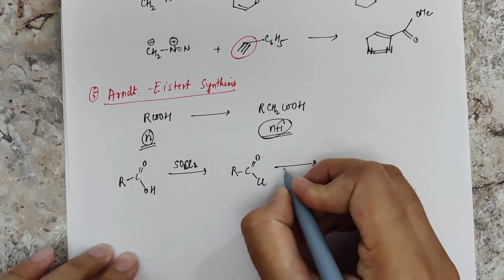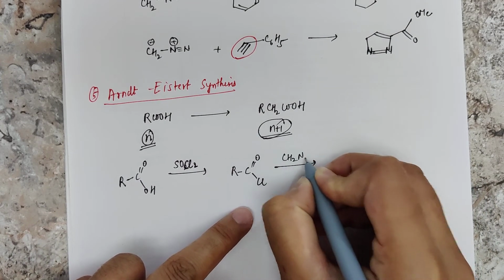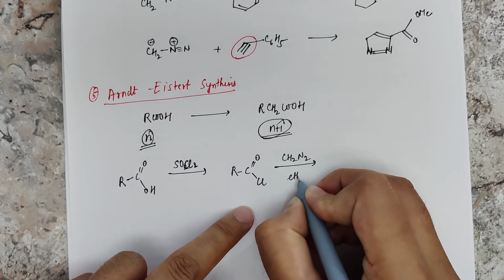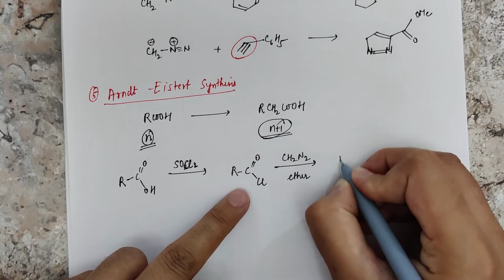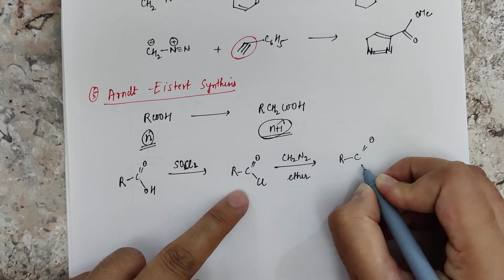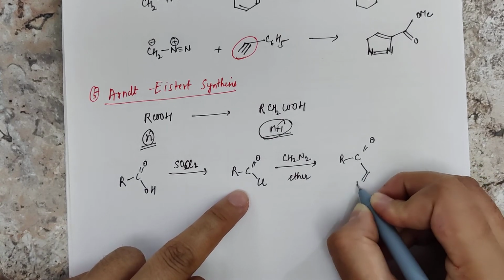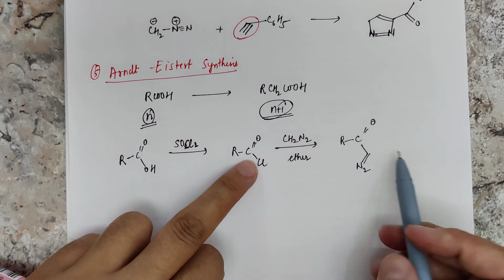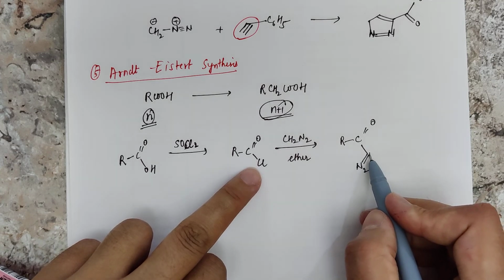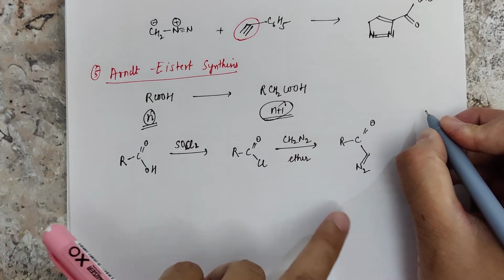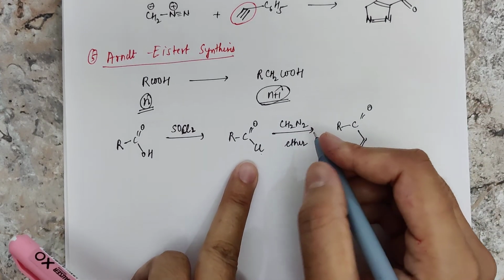Now on reacting the acid chloride with your diazomethane in ether, obviously, we'll obtain basically what is happening, your chlorine is being replaced by diazomethane.